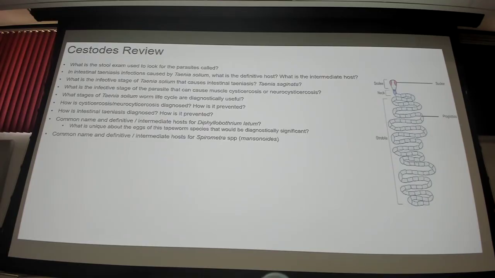Skin nodules all over the place, depending on how you acquire it. What if you were to apply a poultice to your eye? You can get those larvae migrating into your eye and potentially all the way through the brain. Yeah, but the point is, you're not the definitive host. It's not going to cause intestinal issues. It's going to flounder around under your skin for a while until it dies.